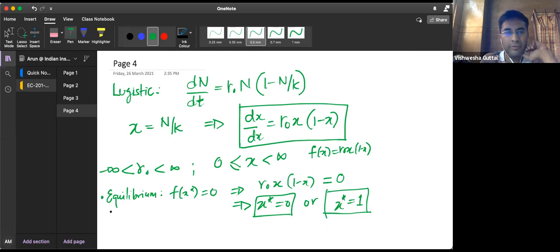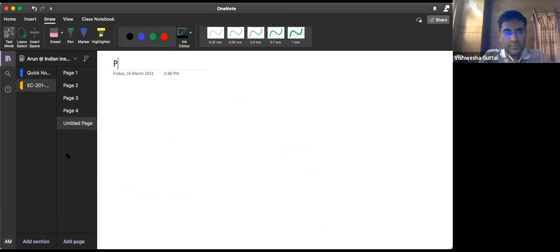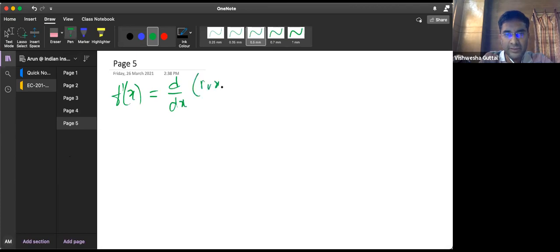Now, how do we find stability? To find stability, we need to find f prime of x, that is basically d by dx of r0 x into 1 minus x, that is basically r0 minus 2 r0 x. Is it fine?